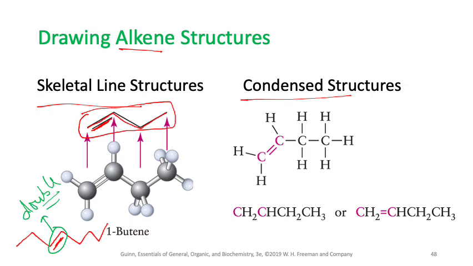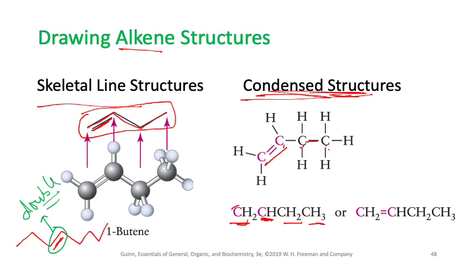And we can also write the alkene molecule in the condensed structural formula. One, we can directly use, let's take this example, C double bond C, then we have 2 C with a single bond. So the first carbon I write as CH2, the second carbon has 1 hydrogen, the third one has 2, the fourth one has 3.